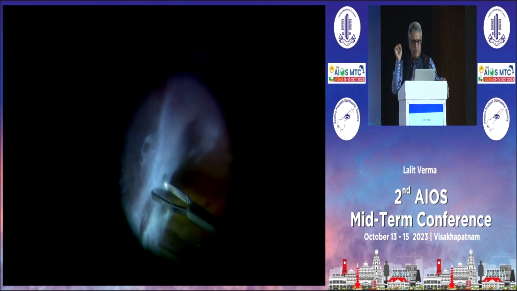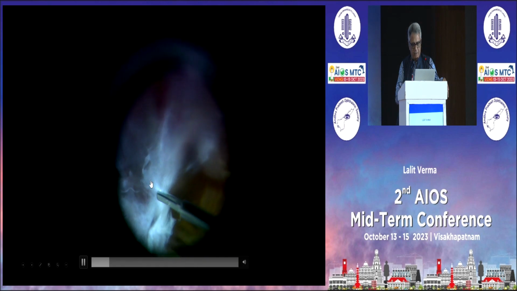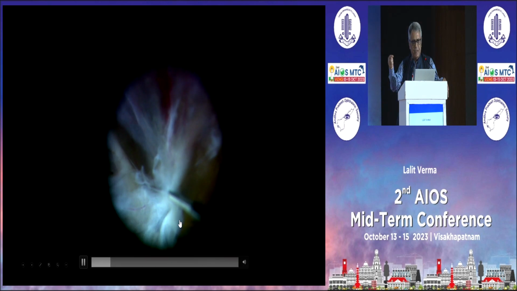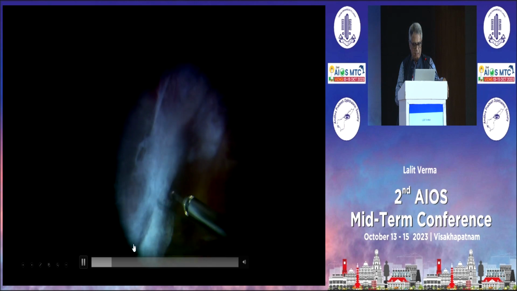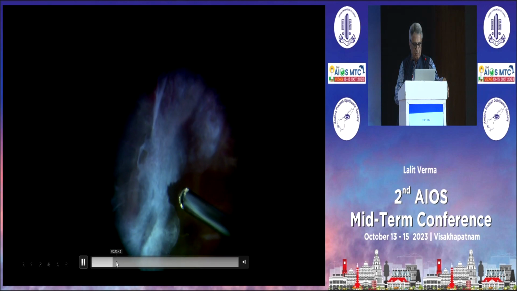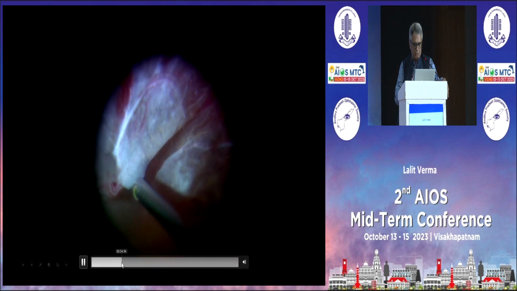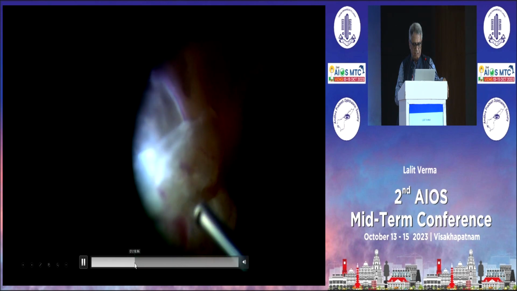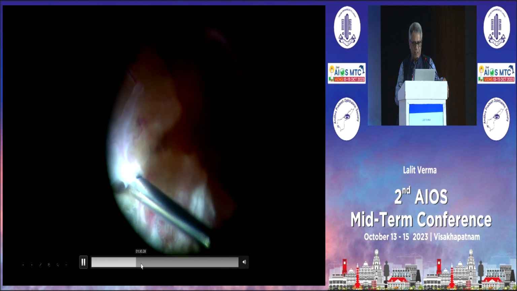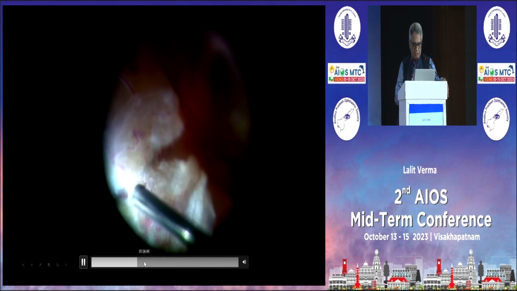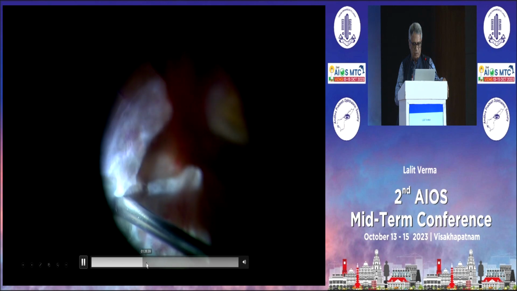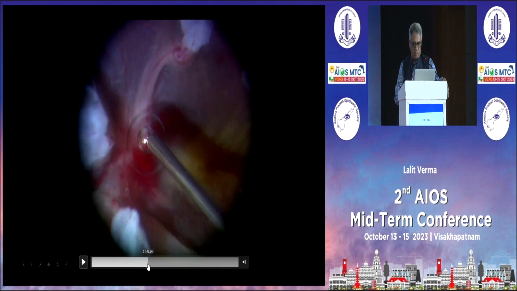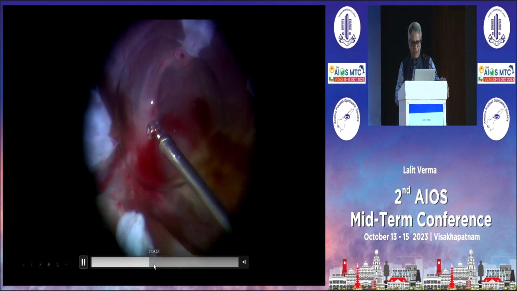Don't pull it till the lens surface, but a slight pull so that your 25 gauge probe can go inside the plane. So once the plane is found, then you go in between the folds of the retina and do this membrane dissection, but be very slow, very gentle to the retina, and keep using various instrumentation for segmentation. Segmentation is the answer rather than pulling.